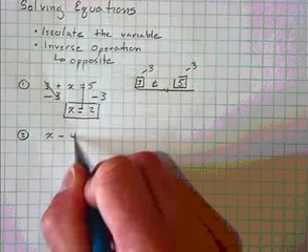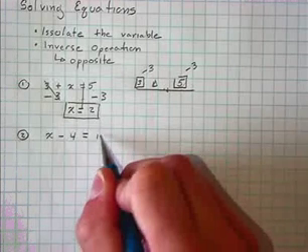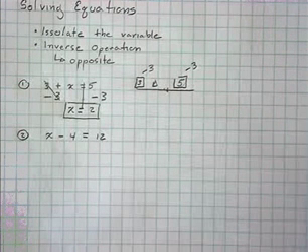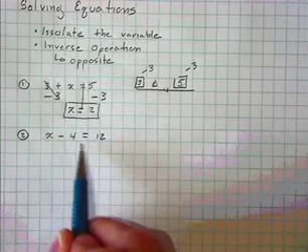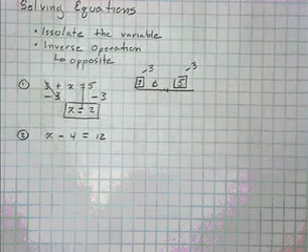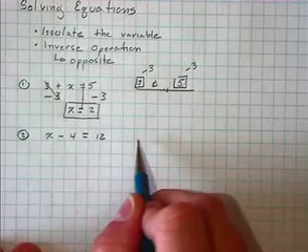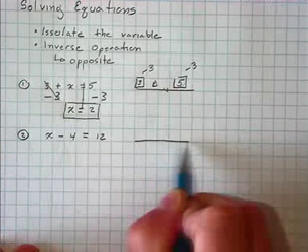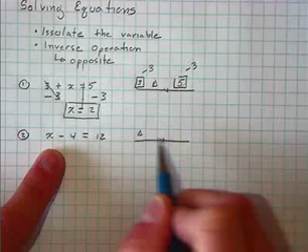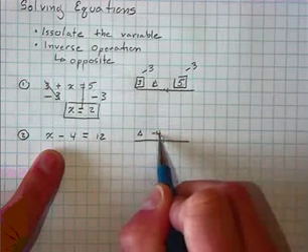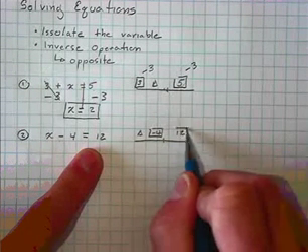This is one of the areas that our blue pawns did not do very well. Here I've got x minus 4 equals 12. If I were to represent that on our pawns, we've got an x, and we've got a minus 4, which is a tile, and then we've got a 12 on the other side.